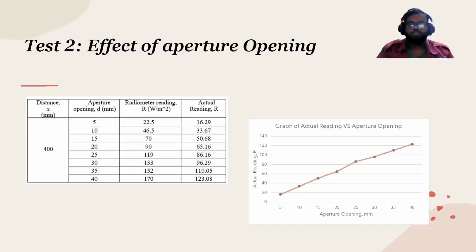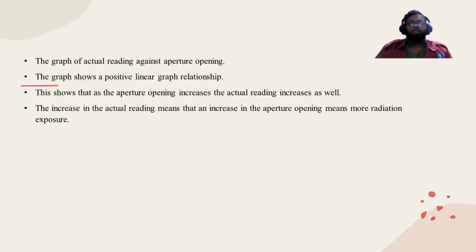This is the graph which was obtained from the experiment data. The graph shows the actual reading against aperture opening. The graph shows a positive linear relationship. This shows that as the aperture opening increases, the actual reading increases as well. The increase in the actual reading means that an increase in the aperture opening means more radiation exposure.